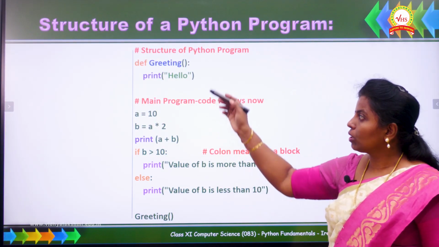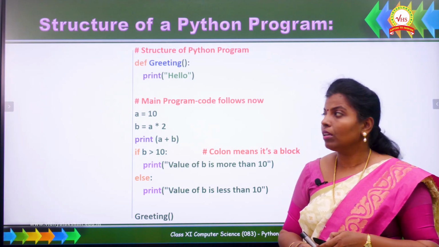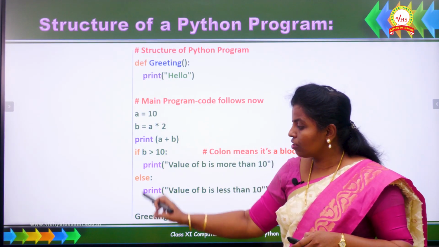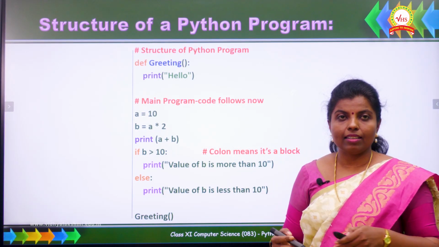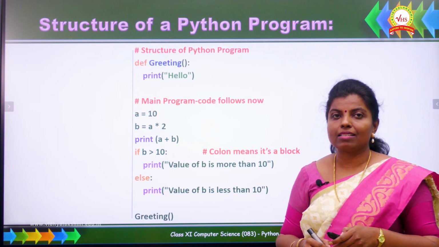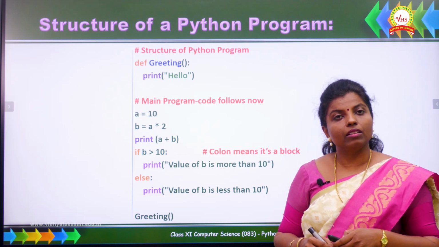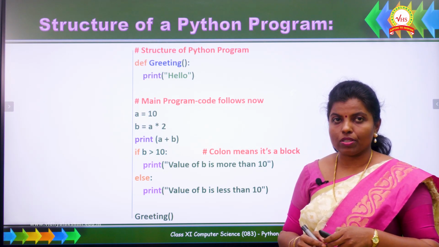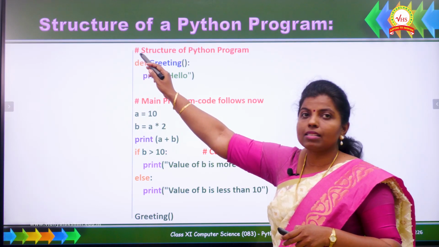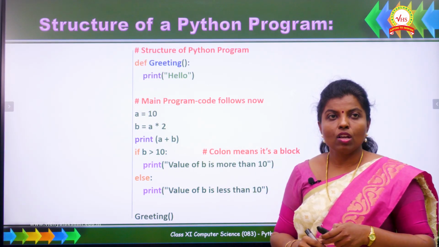Here a Python programming code is given as a sample code. Here you can see there is a straight line. This straight line is given for you to understand the difference between the top level statements and the indented statements. The top level statements are the statements which begin from the margin. Some statements begin from the margin, some statements have a space before them.